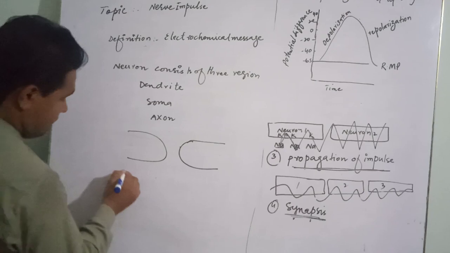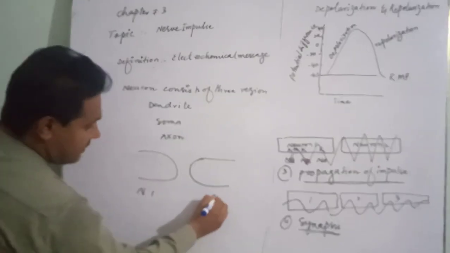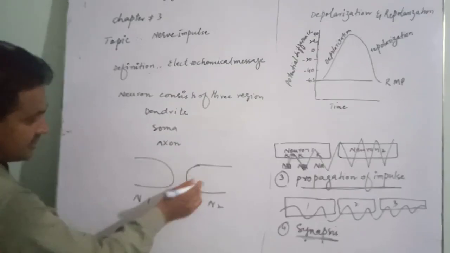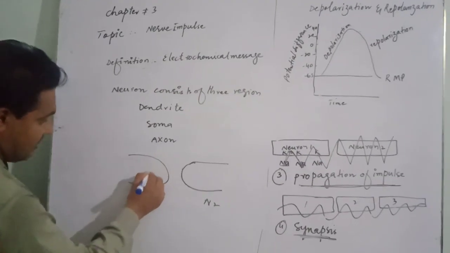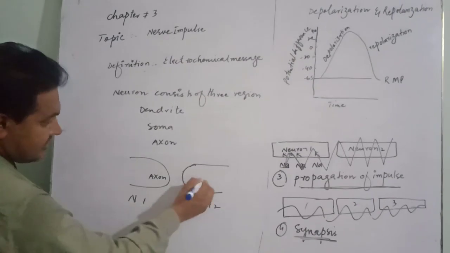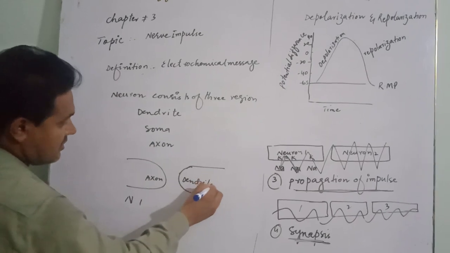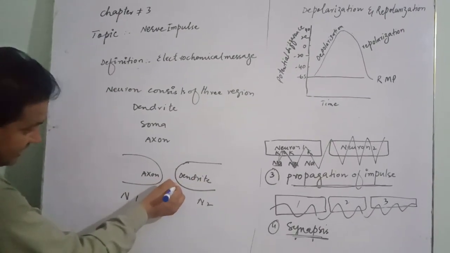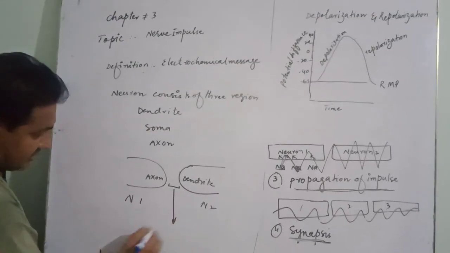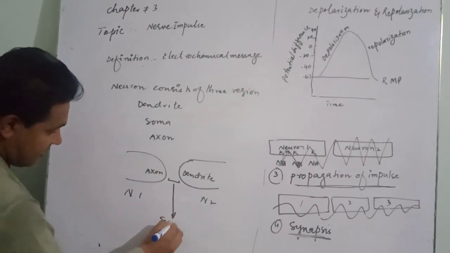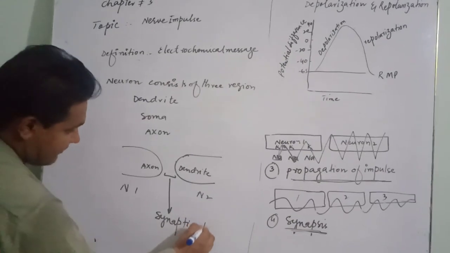This is neuron number 1 and neuron number 2. This region is called axon, and this is called dendroid. This region is called the synaptic cleft.